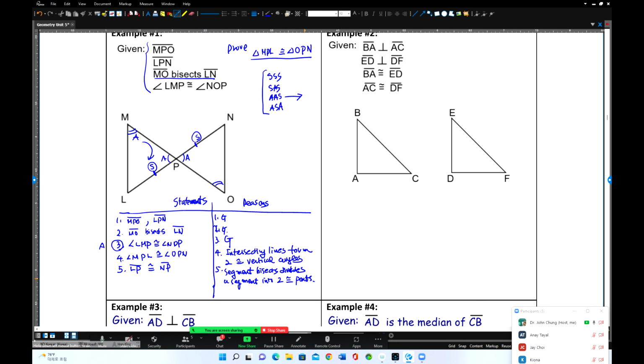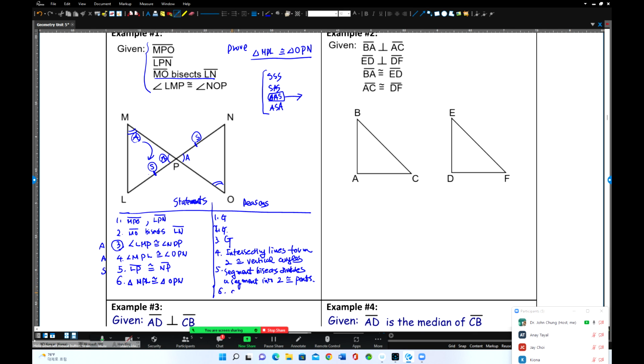That's the reason. So we got the angle and the side, the same order clockwise, angle, side. We already got angle, side, everything. Now you can make the conclusion: triangle MPL is congruent to triangle OPN, right?